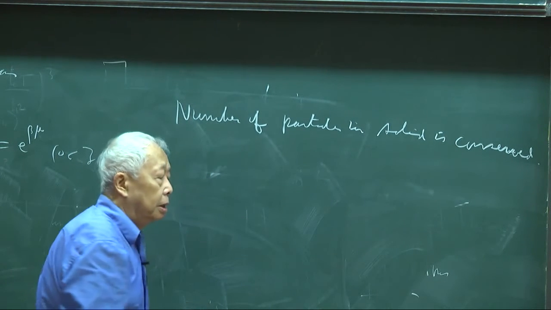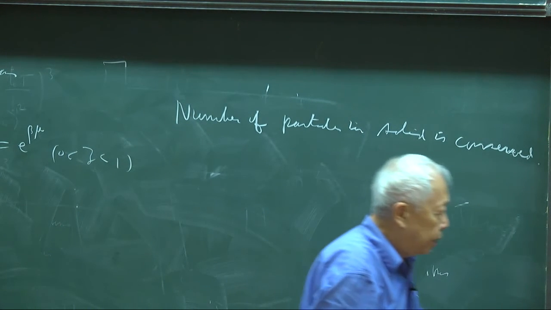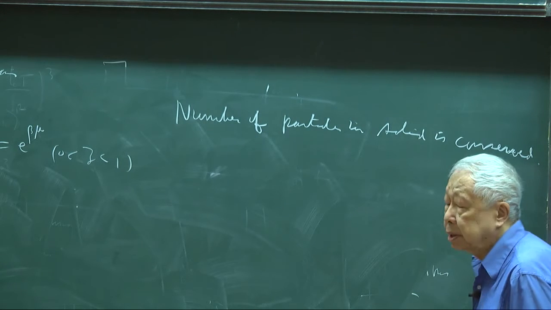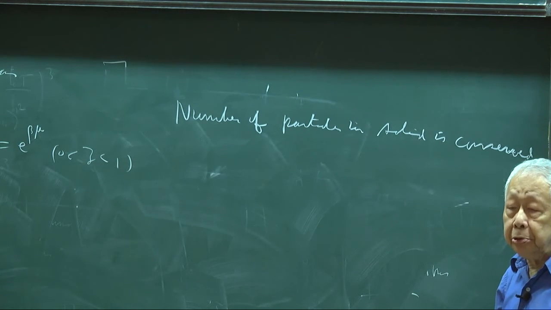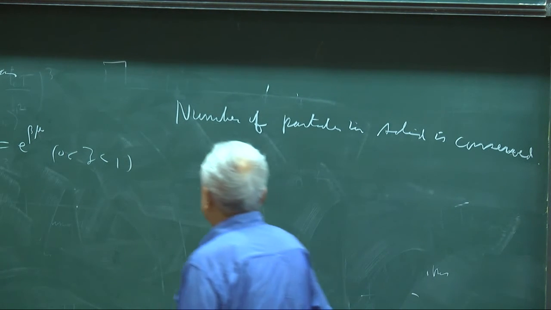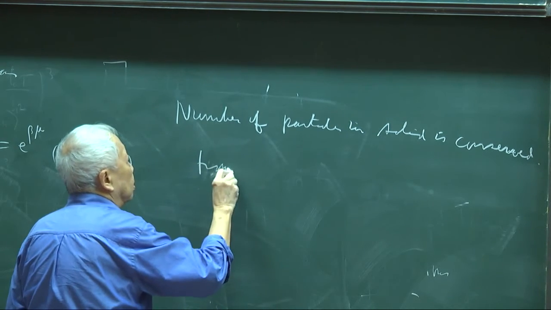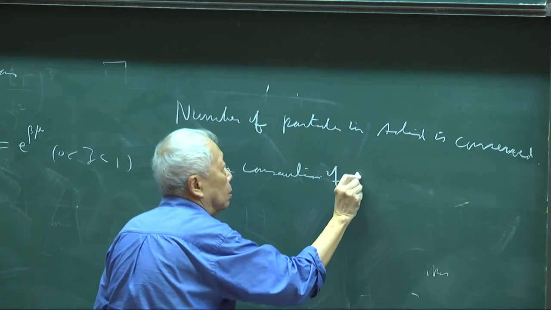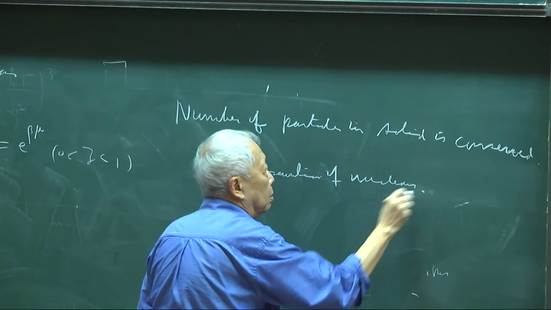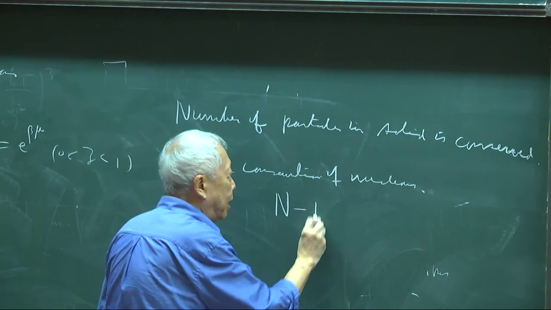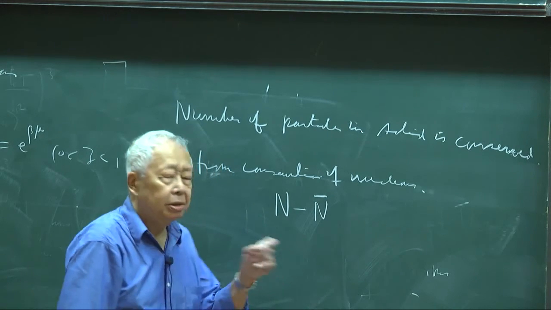And that's because a solid is made up of ions and electrons, and the ions contain an atomic nucleus. And the ingredients of the atomic nucleus, the nucleons, are conserved. It comes from conservation of nucleons. Actually, the number of nucleons is not conserved, but what's conserved is N minus N bar, the number of nucleons minus the number of antinucleons.